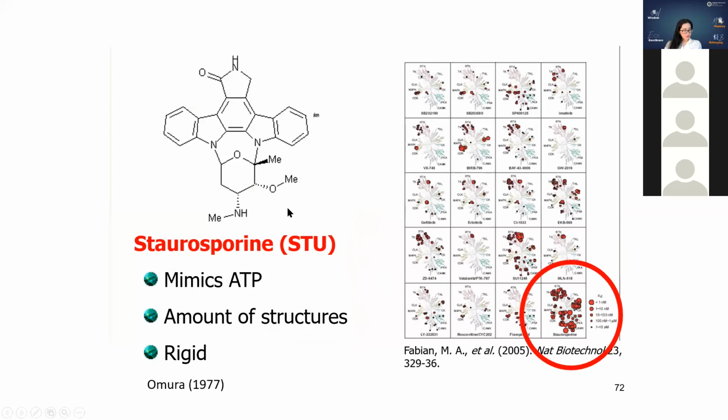Staurosporine is an antifungal drug molecule that looks like this. It mimics the interaction of ATP so well, there are so many structures in the Protein Data Bank, and it's very rigid. So that's the case study that I started my research career in drug design on.